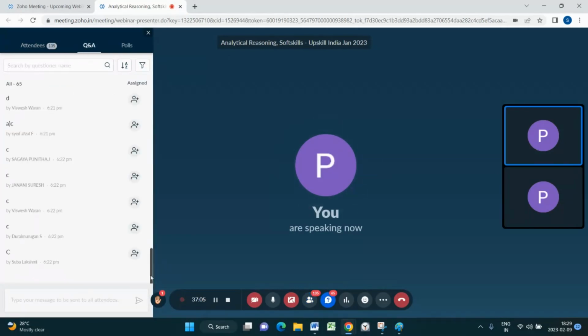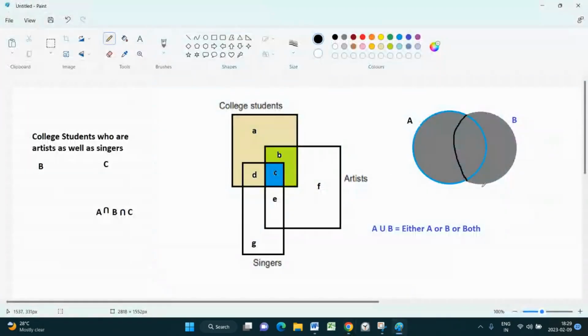So what is A intersection B? This is A intersection B, correct?